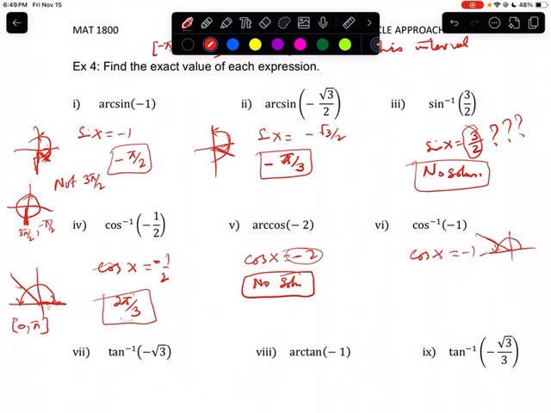Notice here we will not have negative pi over 4, because negative pi over 4 is not in this interval. This interval is 0 to pi. So the answer will be 3 pi over 4.